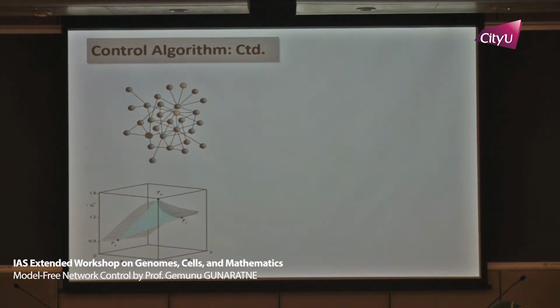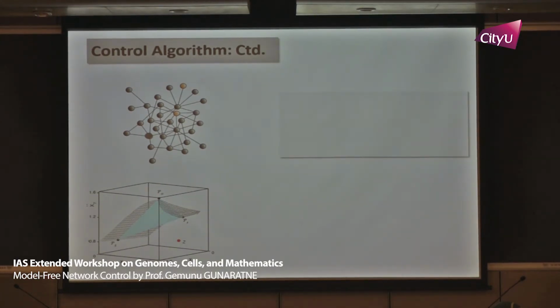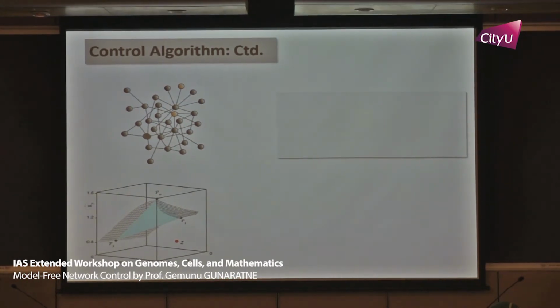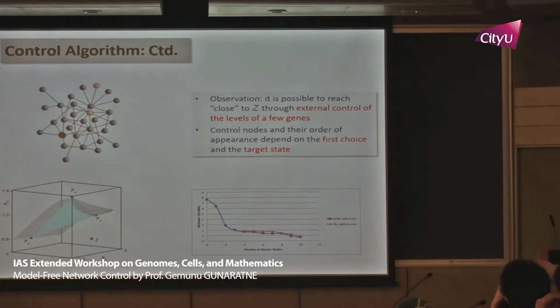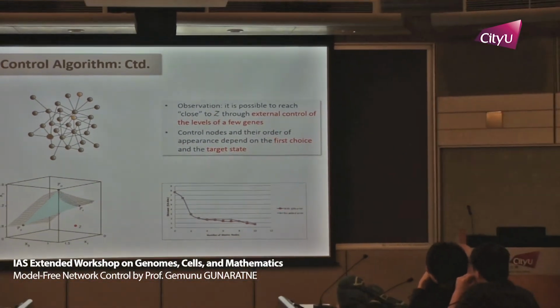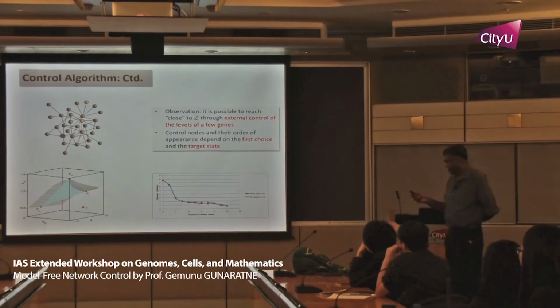Now I need 1 more point, and I can approximate the surface by a plane. Now the question is, is my target going to be close to the plane? If it is, I'm done. I could get to the target state by controlling these 2 genes. If not, I have to go through and do this again, so I add another gene to my collection that I'm changing.